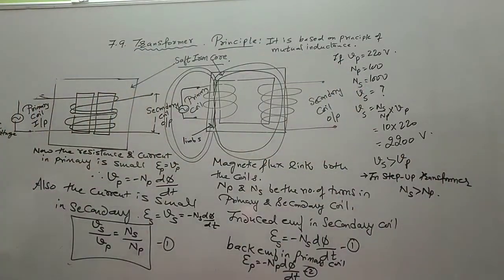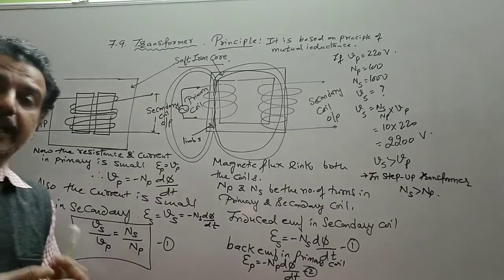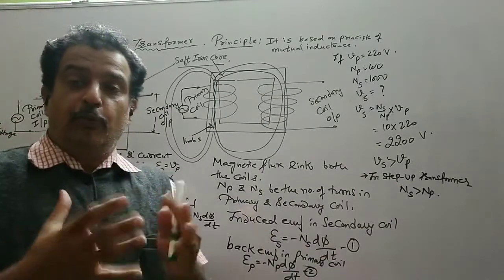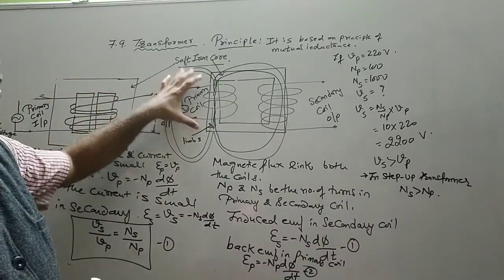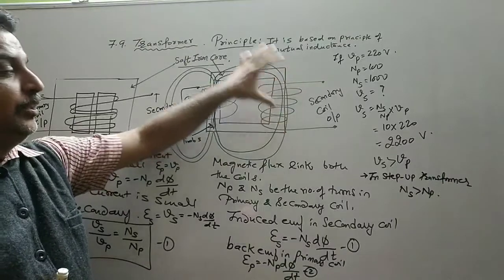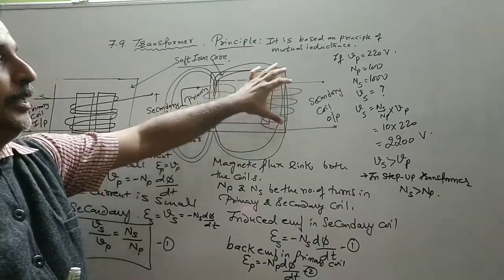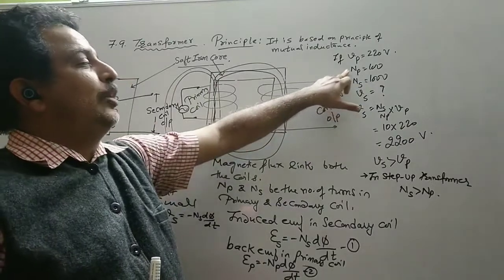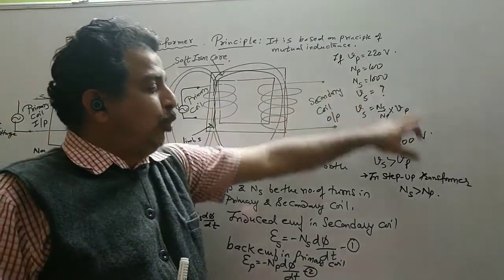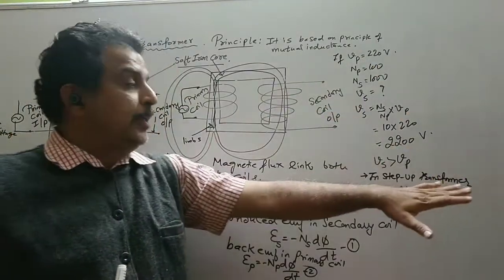So if you want your transformer to work as a step-up, or if you want to increase the input voltage, you increase the number of turns in the secondary coil. Here the number of turns in the secondary coil is 10 times that of Np. So the output voltage also becomes 10 times.